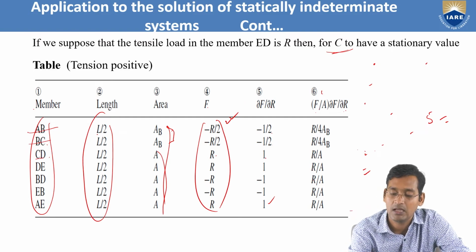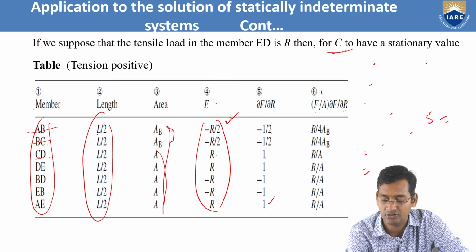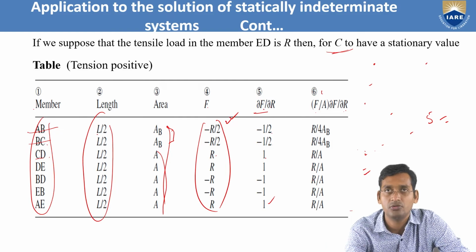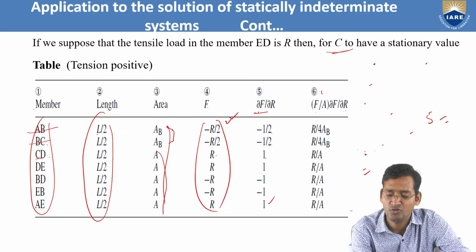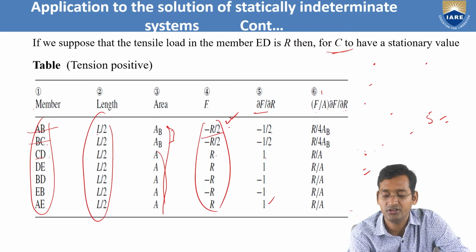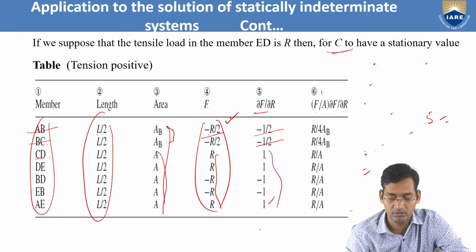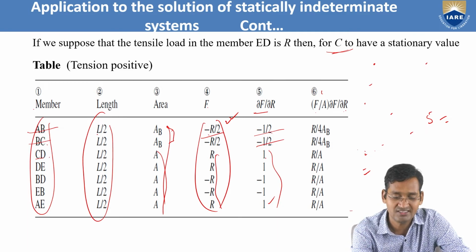Right? Next, after finding the value of F, differentiate with respect to R, because here R is the fixed force we applied or what is required. After differentiating dou F by dou R, the term with R will get cancelled, minus 1 by 2, and wherever R is there, that becomes 1. Next, let's see here, because L is constant.